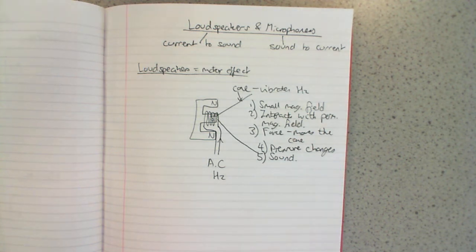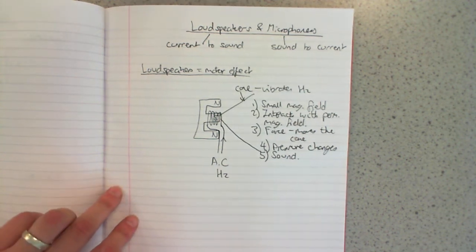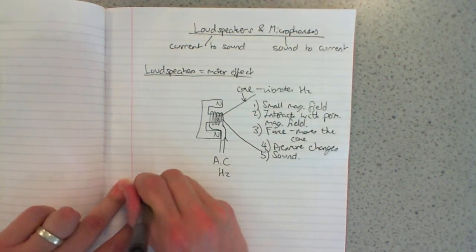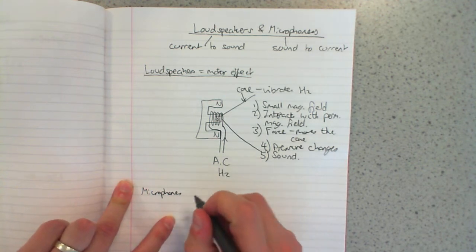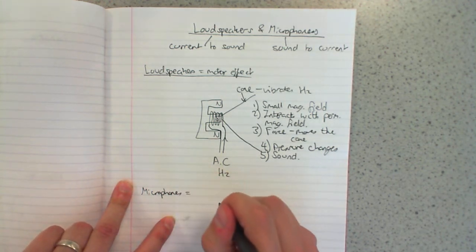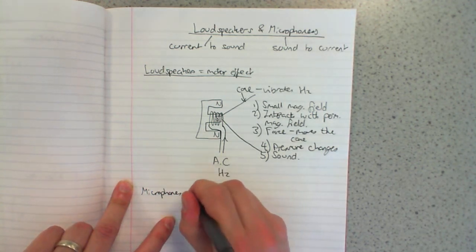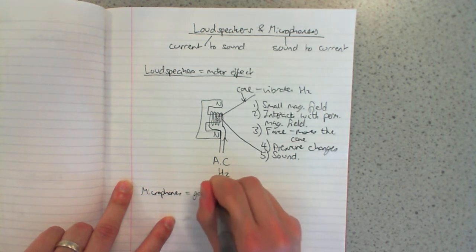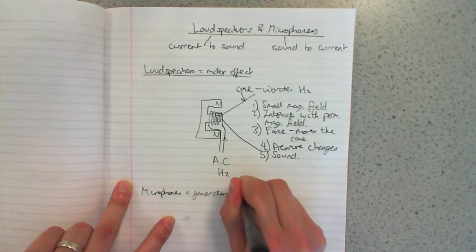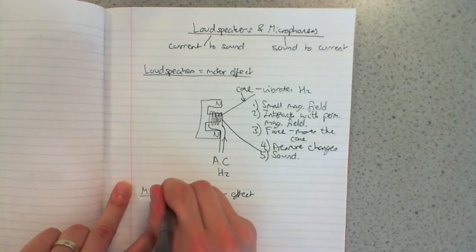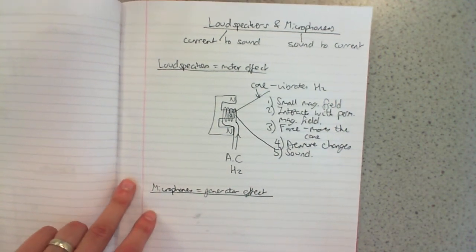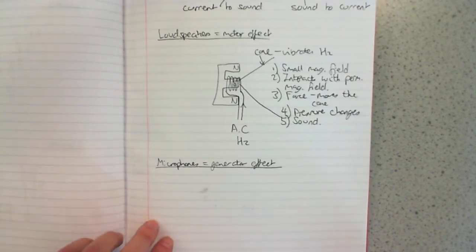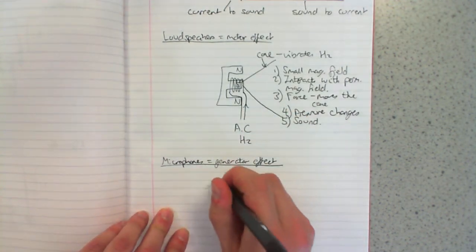Now we've revised loudspeakers using the motor effect. We're going to go on to microphones. And microphones are basically the opposite of a loudspeaker. Microphones utilize the generator effect. Remember, the generator effect induces the potential difference, and the potential difference, if it's part of a whole circuit, induces current. It's still the same setup of magnets.